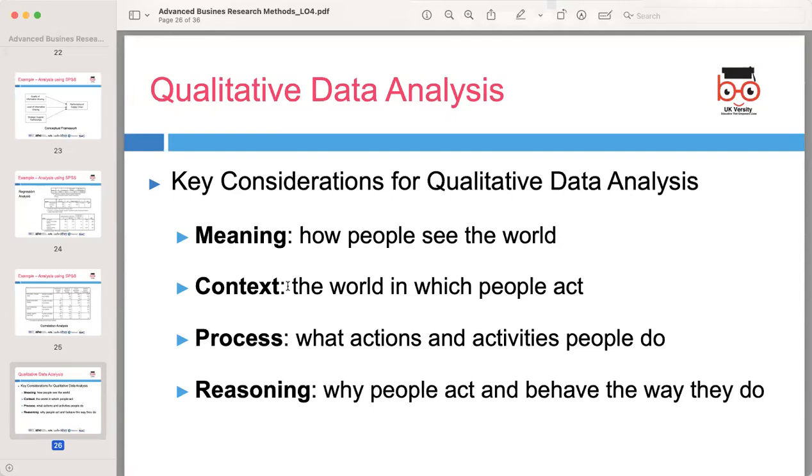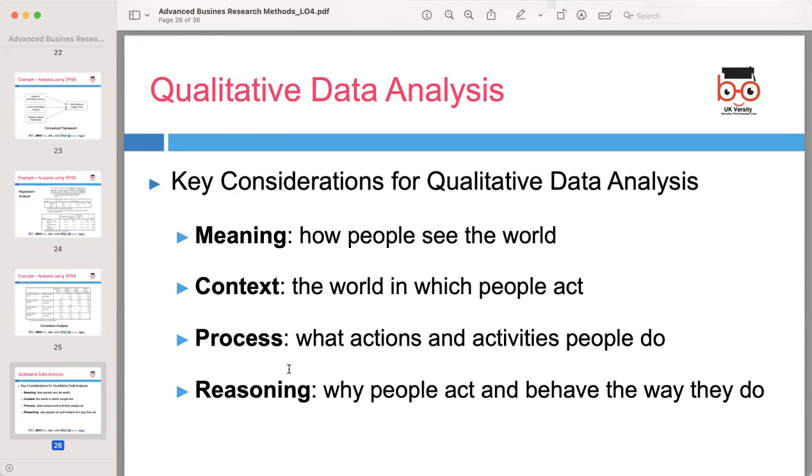When we talk about process, qualitative data analysis also involves examining the actions and activities of individuals. This can include observing their behaviors, studying their interactions, or examining their narratives. By analyzing the process, we can gain insight into how people engage in specific actions and the patterns that emerge from their behaviors. The last one is reasoning, why people act and behave the way they do.